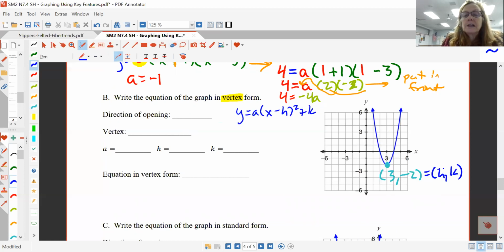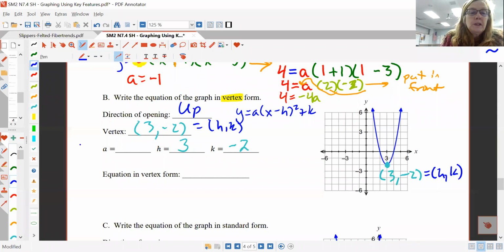This one's actually really easy as far as identifying the first part of the values, because h is now 3 and k is now -2. What is my vertex? 3, -2. What is that point? My hk point. I can see that my graph is going up, so what I know so far is a is positive, okay?